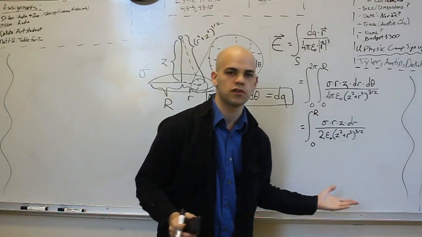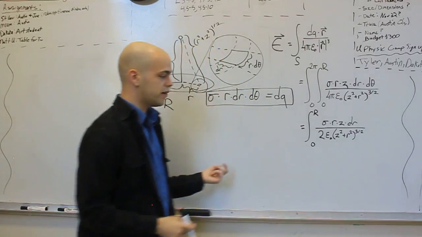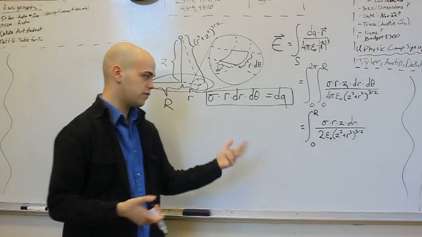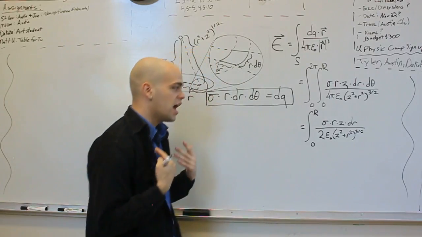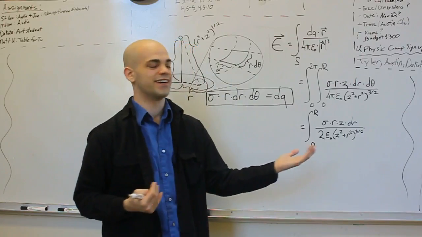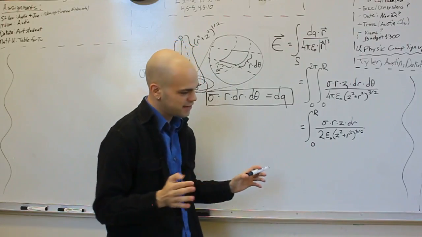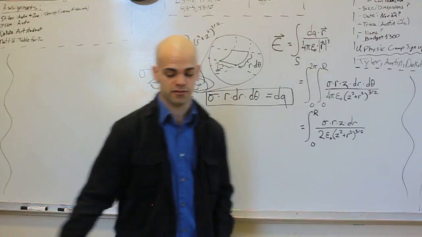Now, still looks very nasty, and of course, it is a nasty integral, and you have to be good at doing integrals to find the solution to that. You could just plug it into Mathematica. I happen to know just by inspection what the result of this integral is, but you shouldn't necessarily be expected to be able to figure that out just by inspection.